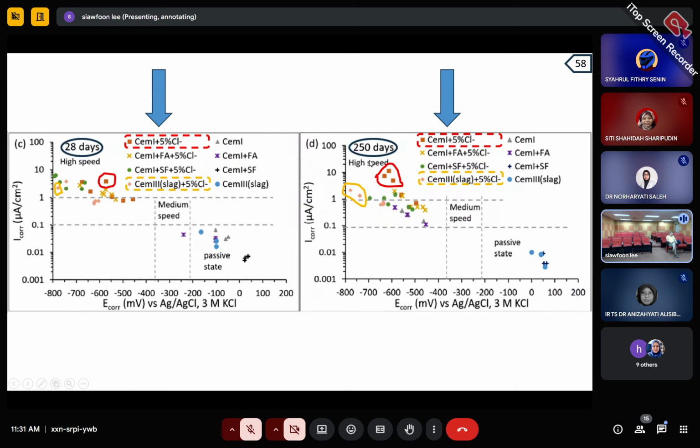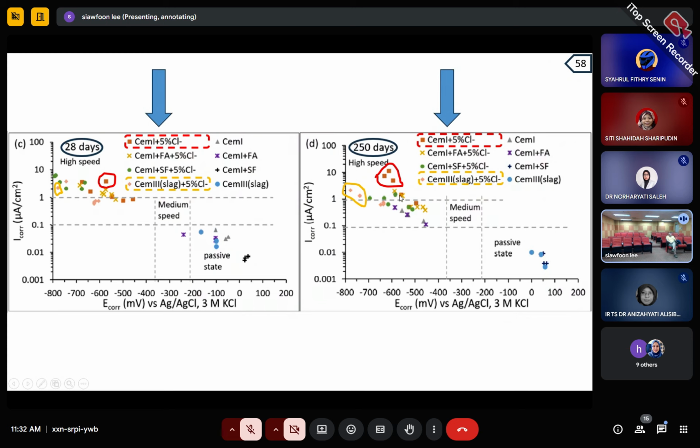But when you go to 250 days, you can see the corrosion potential of the steel inside the cement 1 increases. Like what I said before, when you have the higher corrosion potential, it means the steel is getting corroded, which is not good. However, the steel embedded in the cement 3 slag with 5% chloride still remains the same.